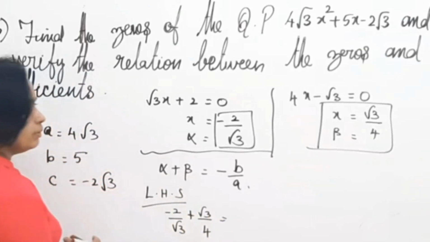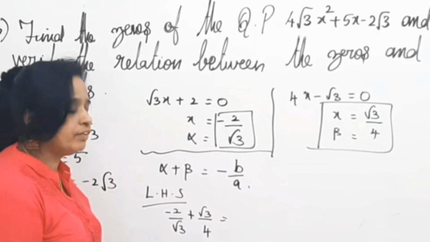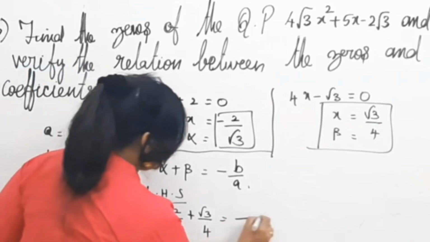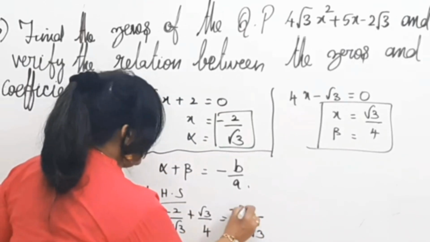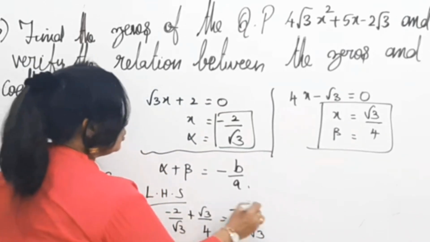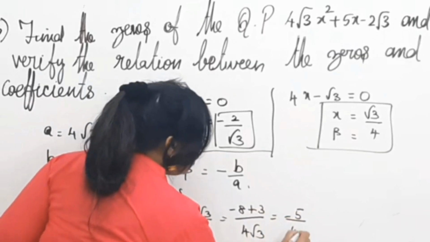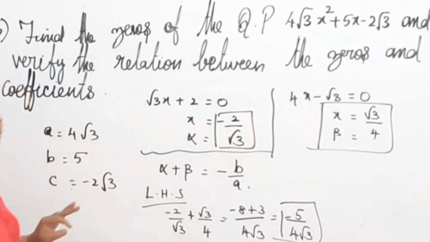You have to do some calculations here because the denominators are different. So I would have my LCM as 4 root 3, and minus 8 plus root 3 into root 3 is 3, which is equal to minus 5 by 4 root 3. That is my alpha plus beta.